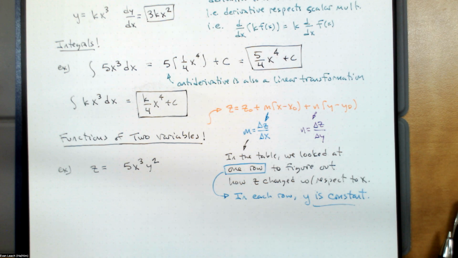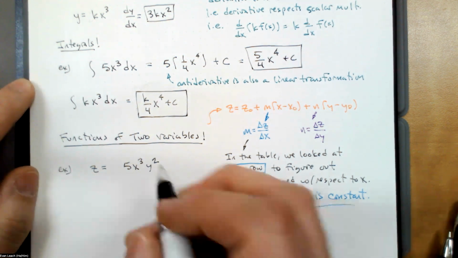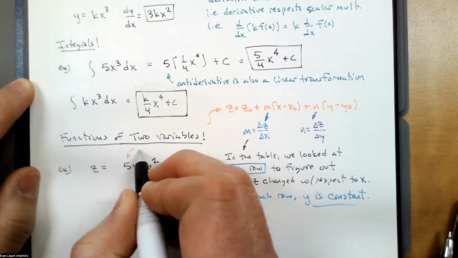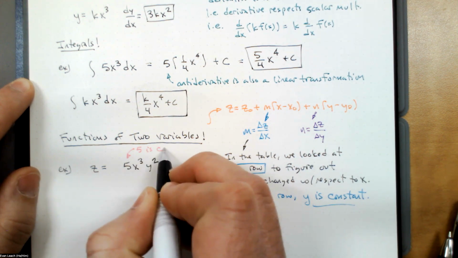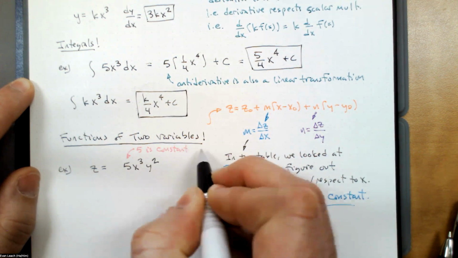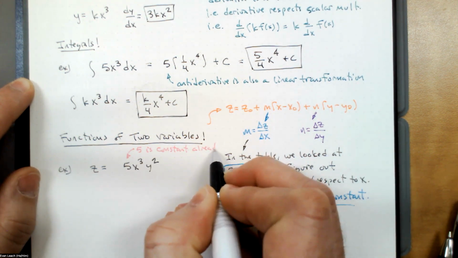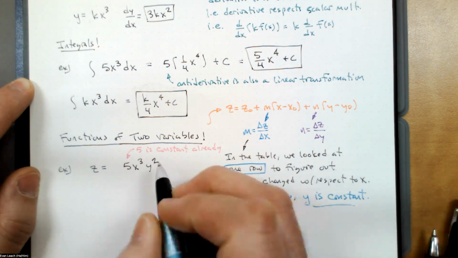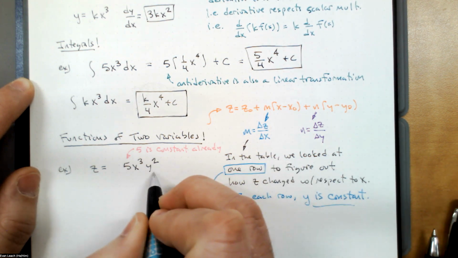5 is constant. What we're going to do is find the derivative of z with respect to x. And that means we're going to keep y constant.